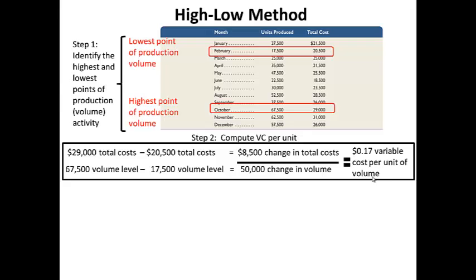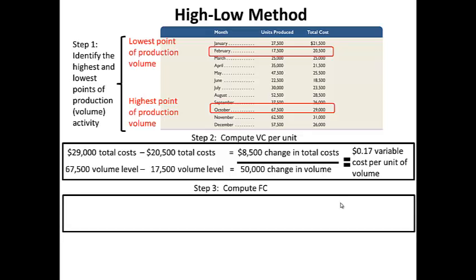Okay, now that we have the variable cost, we have to basically discern the fixed costs. So step 3, we're now going to compute the fixed cost associated with these costs here. And this is a fairly logical calculation. The first thing we're going to do is take our total costs of $29,000.